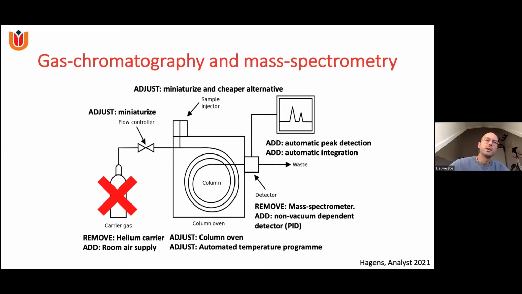And you can see here that we chose in the end for a room air supply, still from a bottle, a miniaturized flow controller, a simple sample injector, a column oven that was also smaller than the one we used previously, a PID instead of a mass spectrometer, and software for automated peak detection and automated integration of the signal.